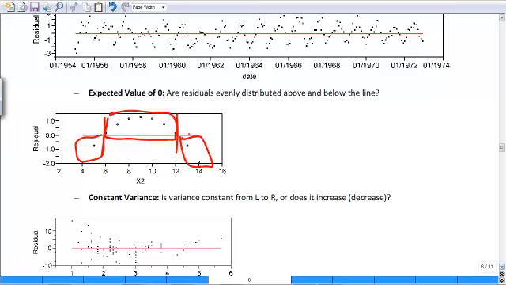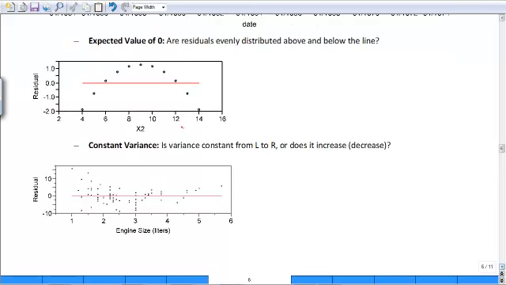All of these residuals are below the line. And in fact, we can see a very distinct pattern in the plot of the residuals. This is not what the residuals should look like. What this is telling us is that we should have used a curve to model this particular data set versus a line. When we use the line to model the data set, it doesn't account for the curve, and the expected value here is not 0.